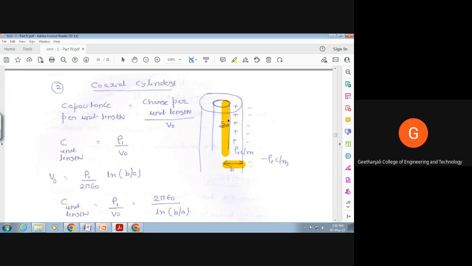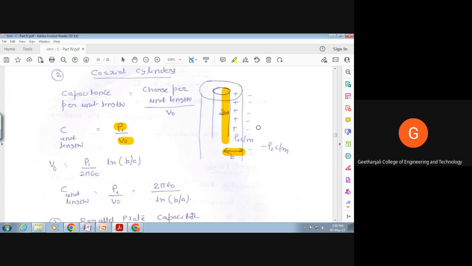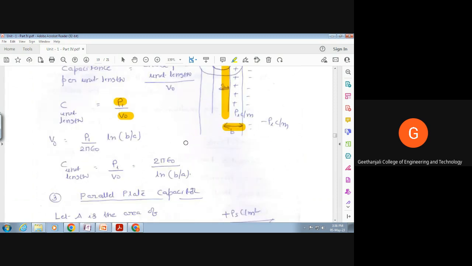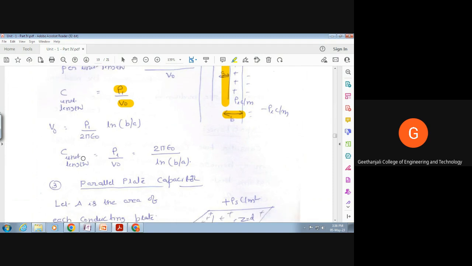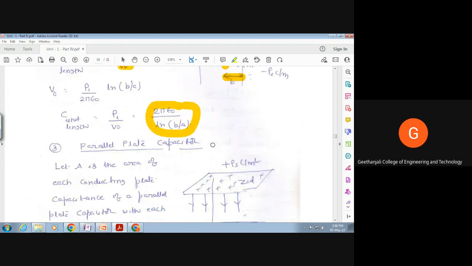So charge per unit length on each conductor is rho L, and V naught is the potential difference between the two coaxial cylinders. For this also, we have derived an expression for V naught: rho L by 2 pi epsilon naught log B by A. So capacitance per unit length is equal to rho L by V naught, which comes to 2 pi epsilon naught divided by log B by A.